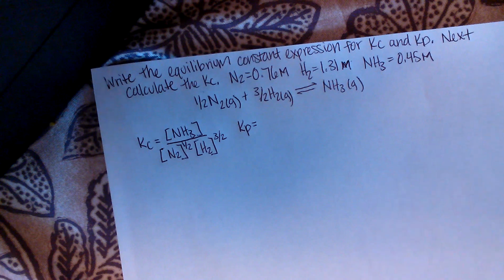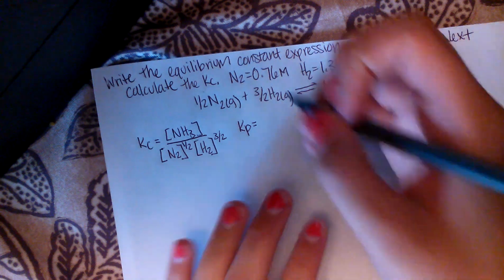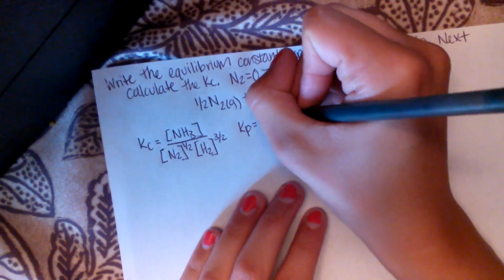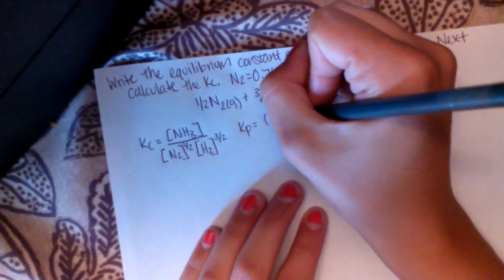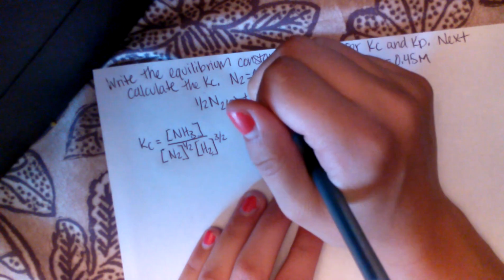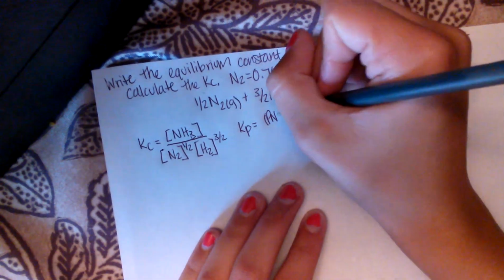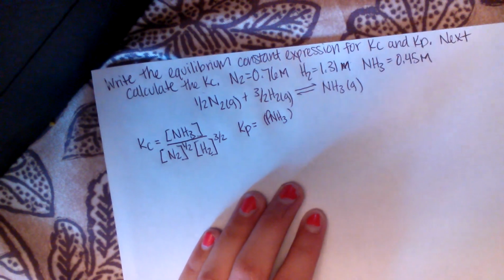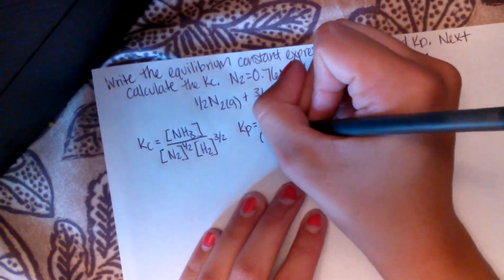The difference is that you're going to be using parentheses and you're going to be denoting all of your concentrations with a P. So we'll start again with our product. And again, look, parentheses. P NH3, and you're going to divide it by the reactants.